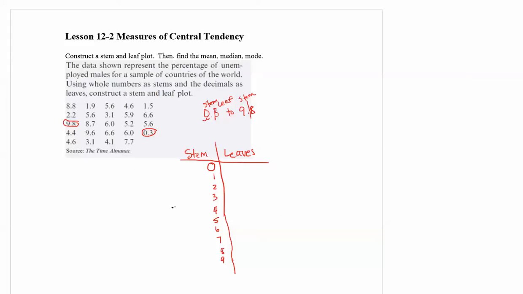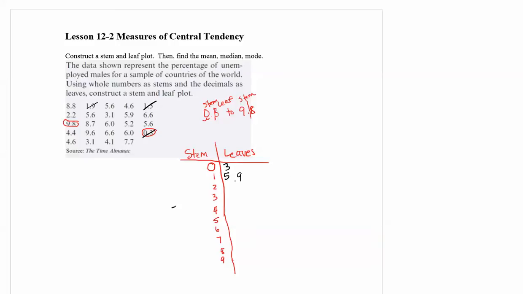First I'm going to search for any numbers with 0 point something, and I just have the value 0.3. When you put this leaf in your stem plot, don't put the decimal and don't put any commas. Now I'm looking for numbers that are 1 point something. I have a 1.9 and a 1.5, so we need to put that in order, 5 and then 9.